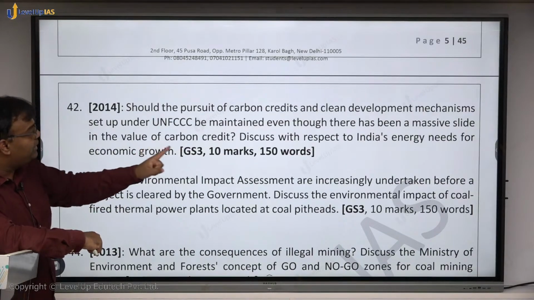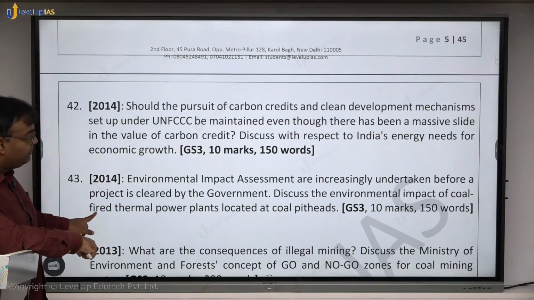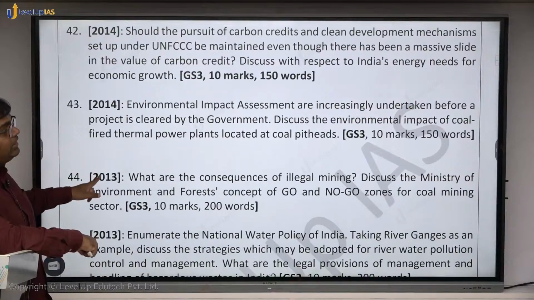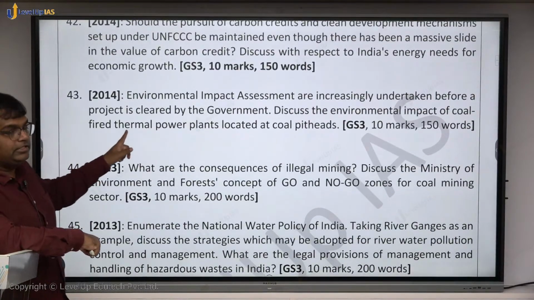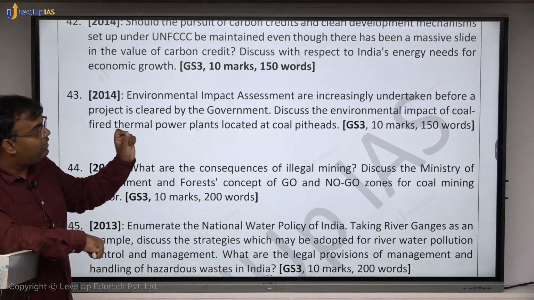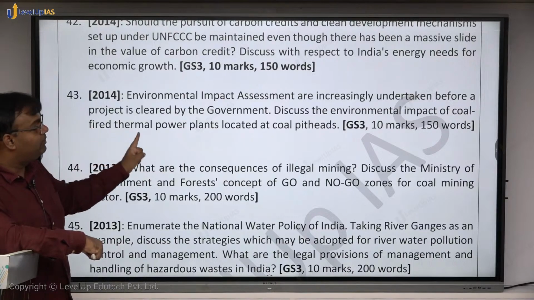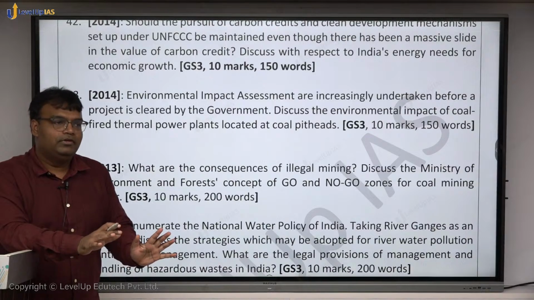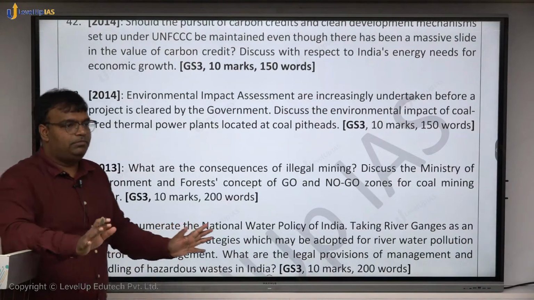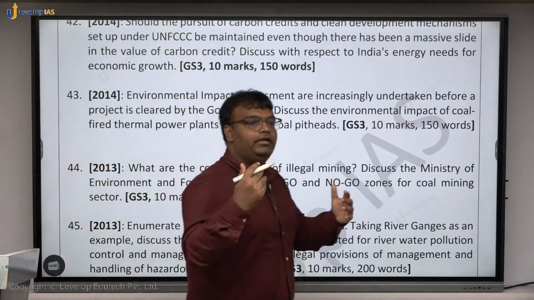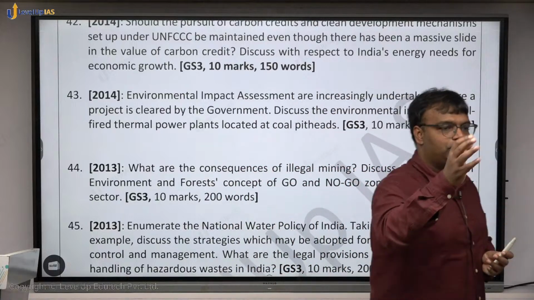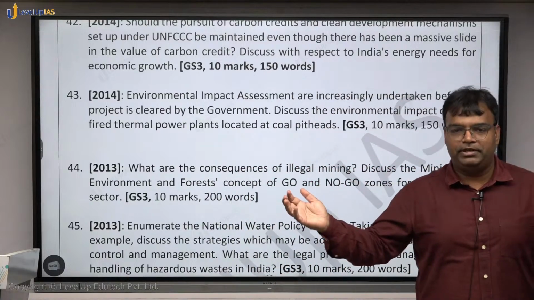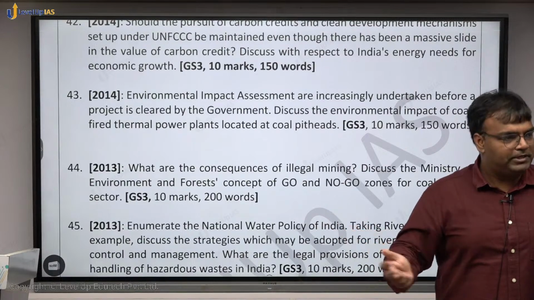Discuss with respect to India's energy needs for economic growth. Environmental impact assessments are increasingly undertaken before a project is cleared by the government. Discuss the environmental impact of a coal-fired thermal power plant located at a coal pit. So basically, what impacts does a coal-fired thermal power plant have on the environment: on air pollution, on water pollution, on vegetation?